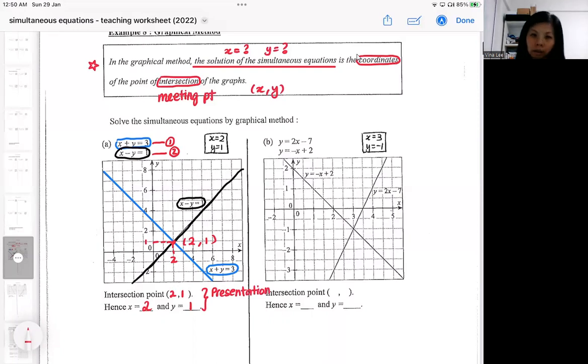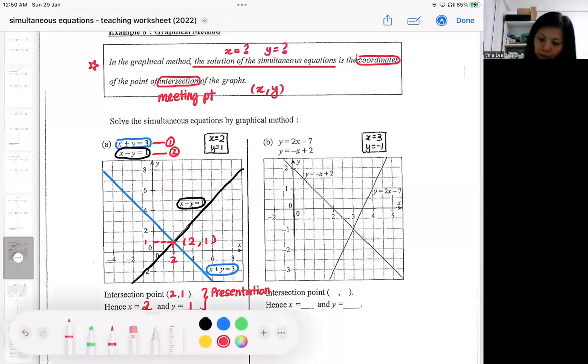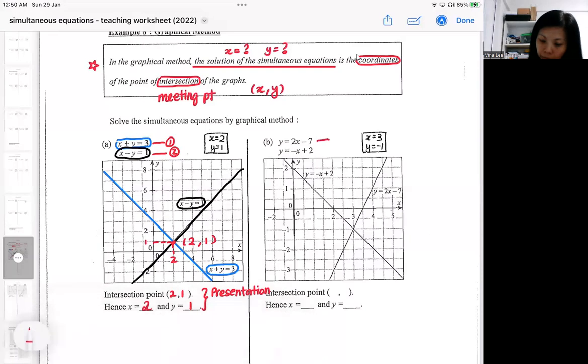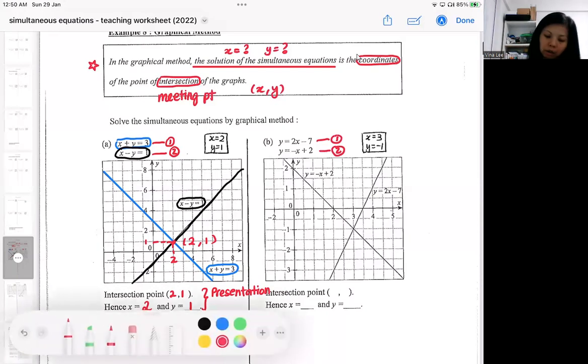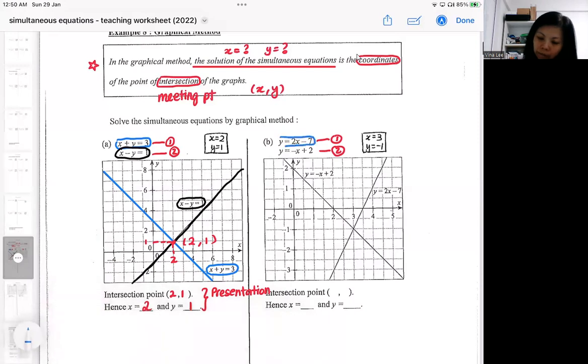Okay, let's look at example part B. Part B is the same thing. You've got two equations, which you can do by substitution or elimination. But in this case, we didn't. We choose to draw out the first equation, and you get the line. When you draw out the second equation, that will be another line.